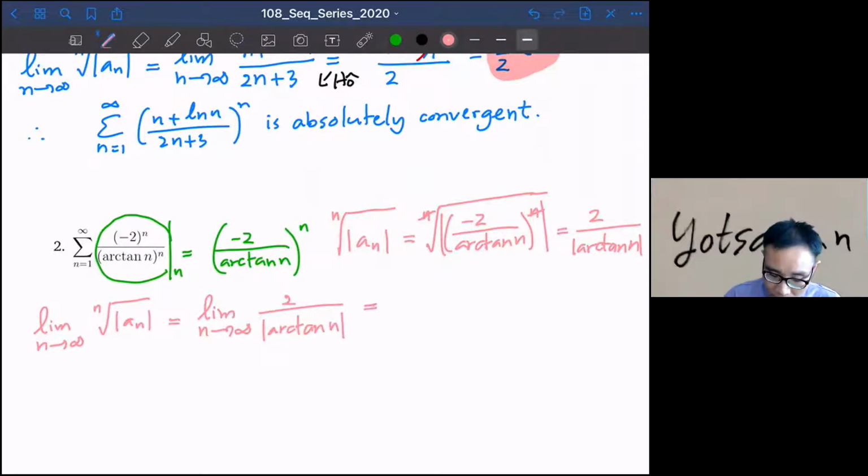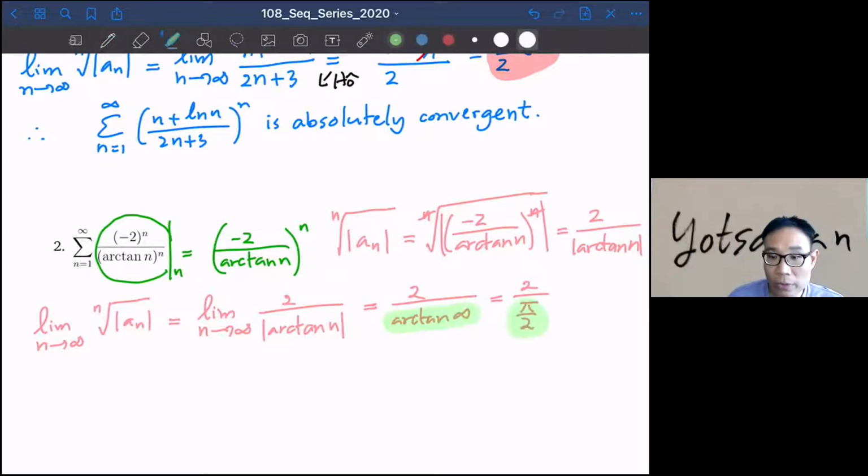So it's going to be 2 over arctan infinity, and we don't need to put the absolute value because we know that arctan infinity is positive. So it's going to be 2 over pi over 2, and this will give us 4 over pi.